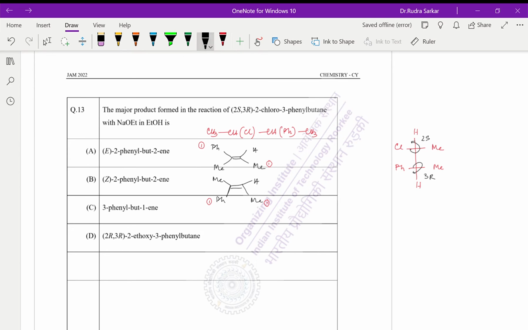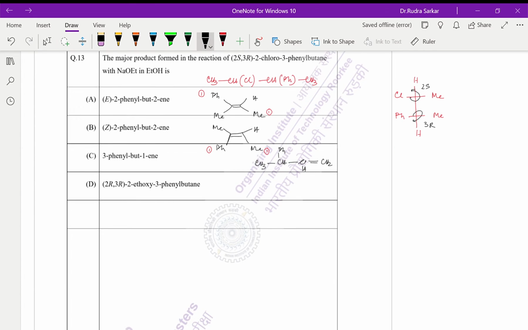For the C, the structure will be obviously that. Then we have a CH Ph CH3. So there is H over here.